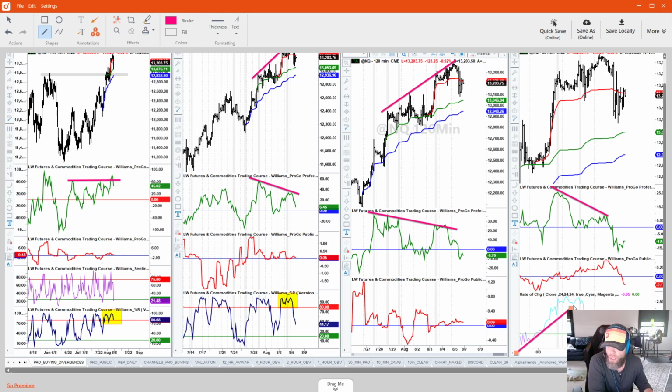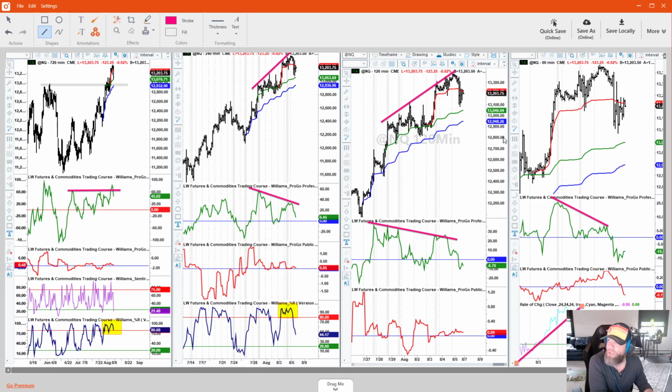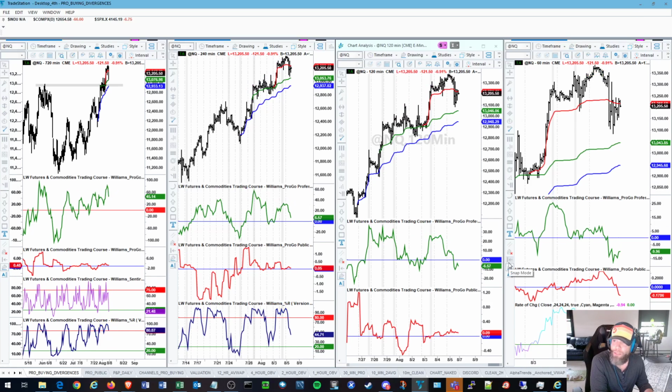This is another hint that I got from Larry Williams in one of his books, Rate of Change. So what's going on here with this top? And this is looking good as a bearish confirmation, right? Okay, so I think we did look at those this morning.